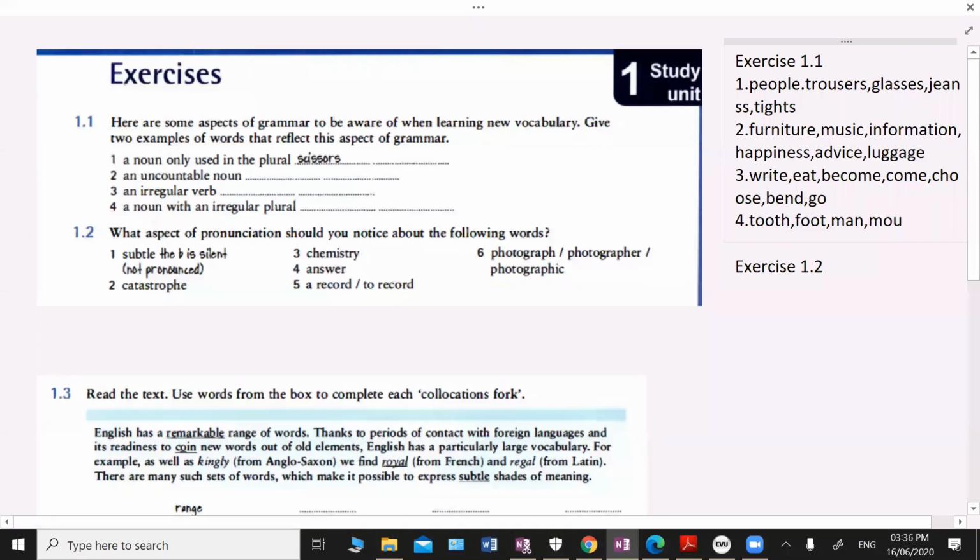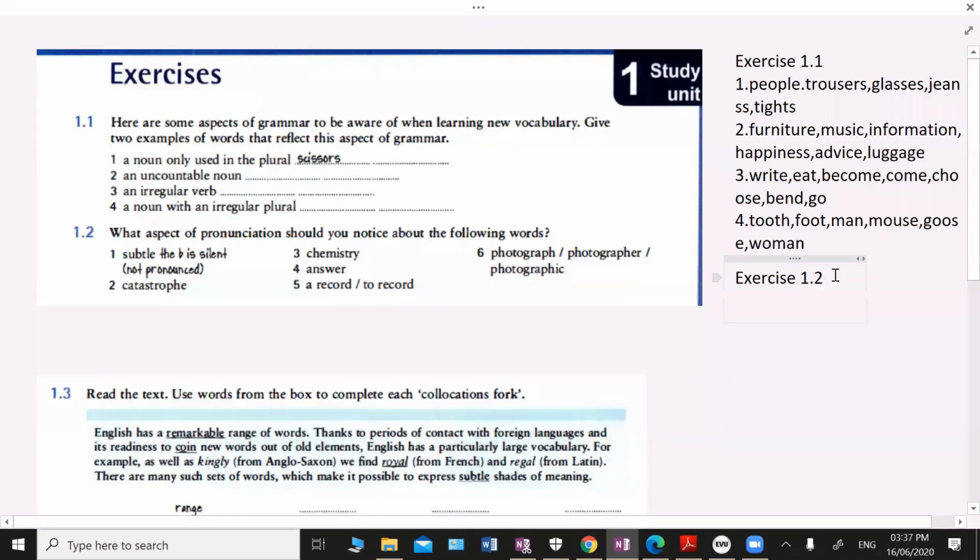Let's say mouse, okay, goose, okay, and mice, yes, woman, yeah, that's right. So these are different examples, and you can still discover more.